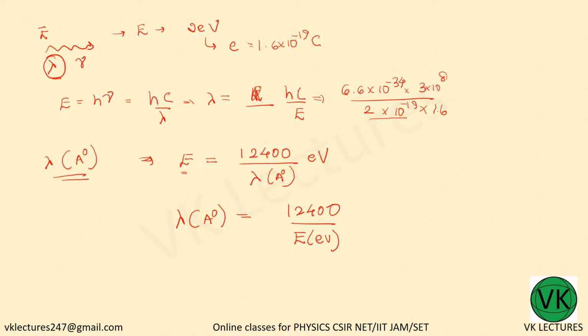Now see, you have this value, 2 electron volt energy. Now let us find out the wavelength. This is nothing but 12400 divided by 2, which is 6200 angstrom.